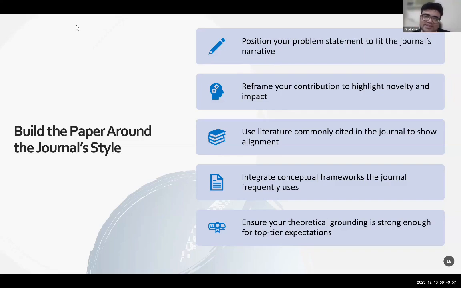When the context itself is emerging market, we are going to talk about an emerging market. If you are choosing an emerging market within the US and you're able to justify it, it still makes sense to me. So when we are trying to identify our problem statement, we'll try to fit it with the journal's narrative, whether it is fulfilling the journal's requirement or not.